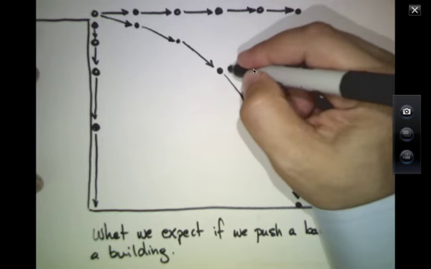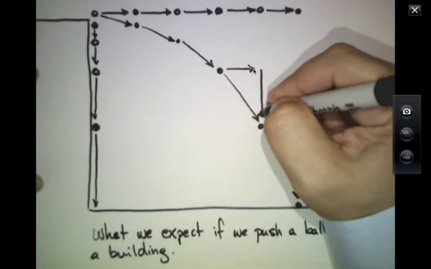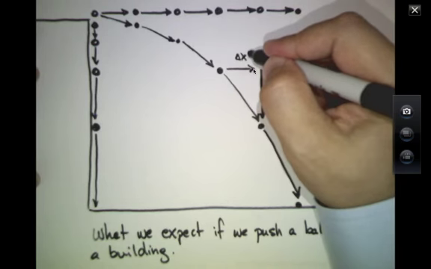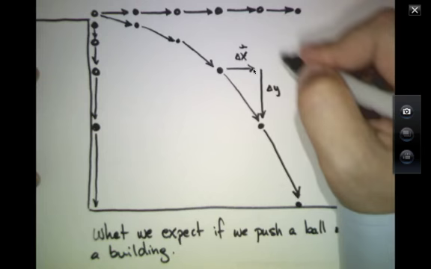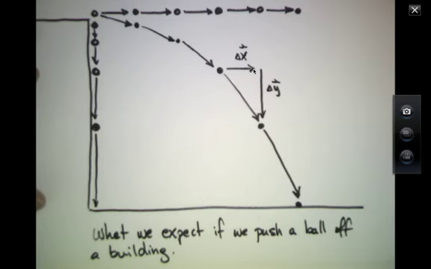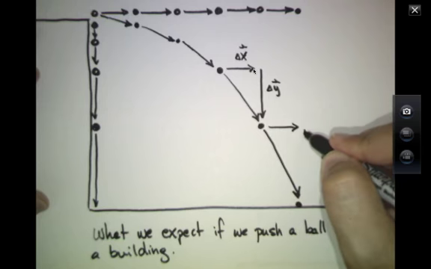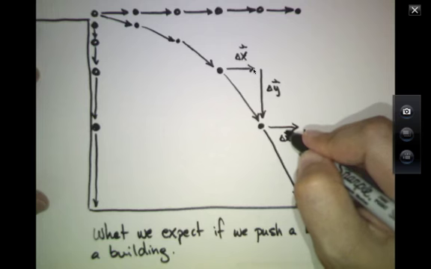So each of these increments is really the sum of two vectors. There's a delta x and there's a delta y. And there's a delta x. And there's a delta y.